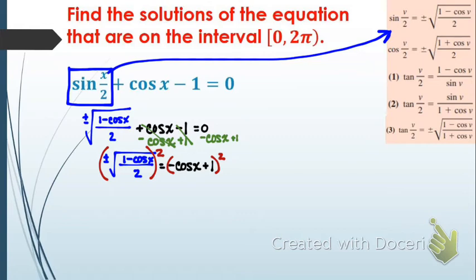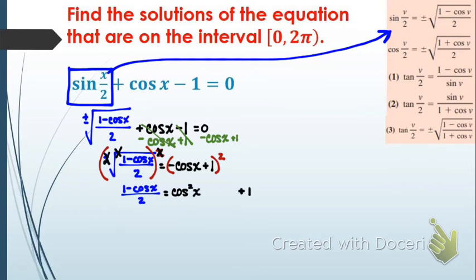If I square a positive number, what kind of result do I get? If I square a negative, what kind of a result do I get? Still positive. So squaring this side not only gets rid of my radical, but it means I don't have to deal with that plus minus anymore. So I'm going to have 1 minus cosine x over 2 is equal to what? Cosine squared x. We are going to have a plus 1.